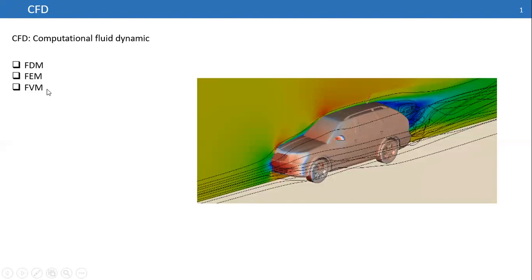Different methods are proposed for solving equations numerically. The finite difference method is the first and simplest way of solving a partial differential equation. This method just discretizes the elements of the equation, and it cannot be used for complex systems.